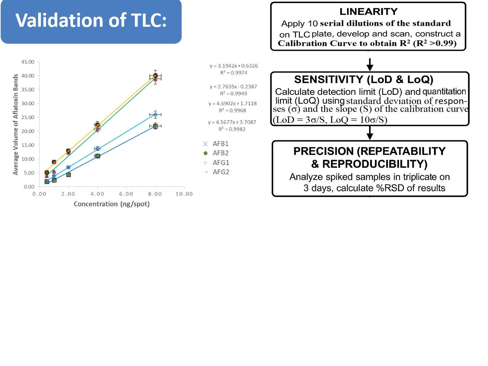Precision of a method usually refers to the closeness of agreement, that is, degree of scatter between series of measurements of the same sample under specified conditions.